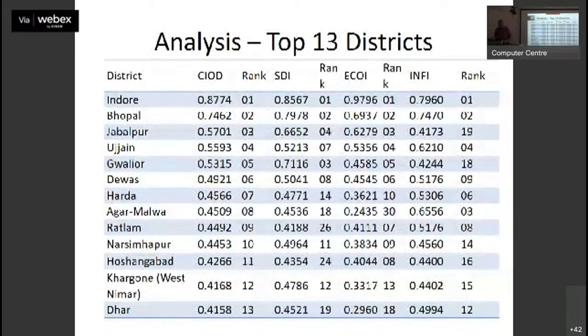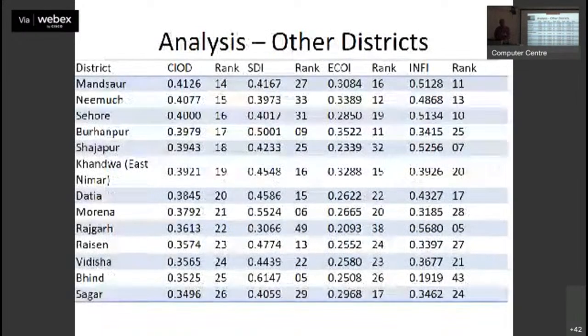So these are all districts where we have compared what is the position of different districts and which is the district where that particular district is lagging. Sagar overall composite index is 26, social development far below 29, economic development is better hai 17, and overall infrastructure development is 24.